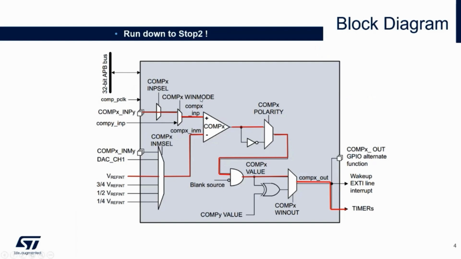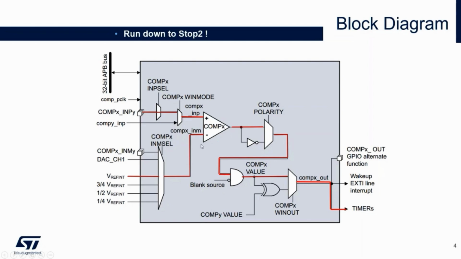If you look at what we will use during this hands-on, we will use its input plus connected to an external port of the U0, and this is where we receive the PWM signal from the master panel.